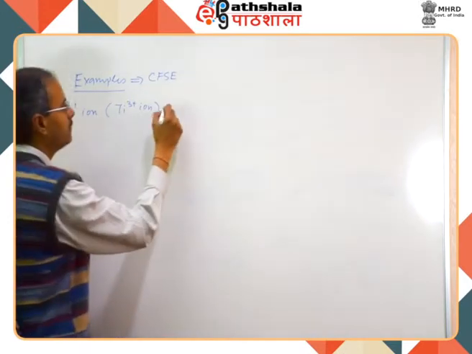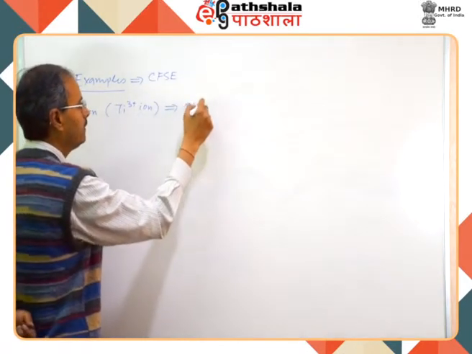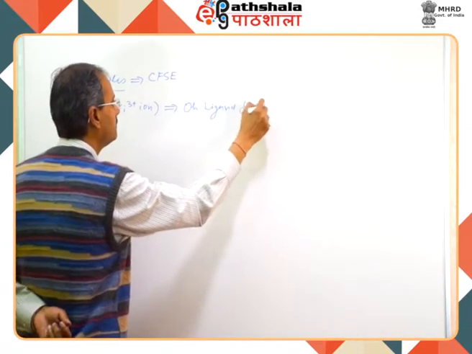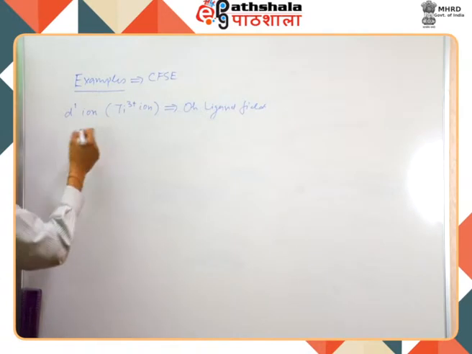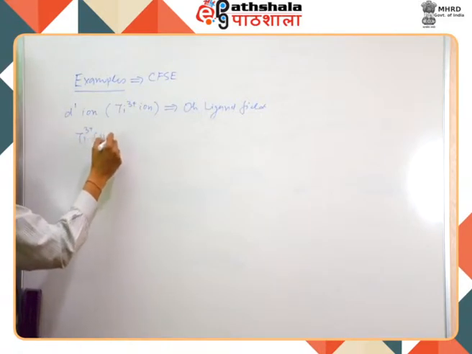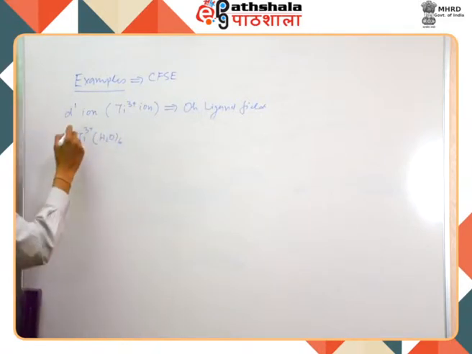Remember, we are discussing an octahedral ligand field. We can take 6 ligands, for example titanium 3 plus ion, which is surrounded by 6 water molecules.